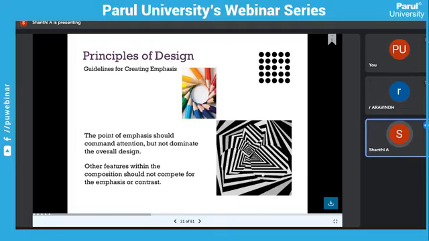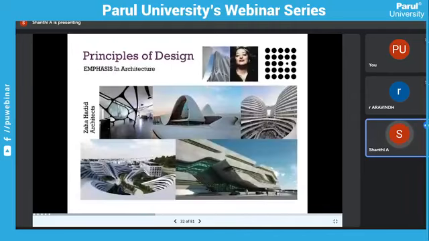So these are the points that are given here. They have given a circle in the design to emphasize this point. The point of focus is here, here. This is how we are creating emphasis and making things attractive.